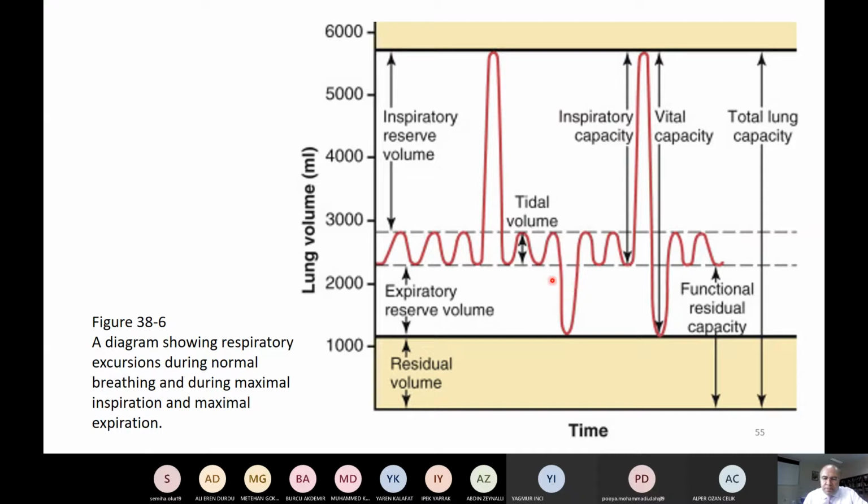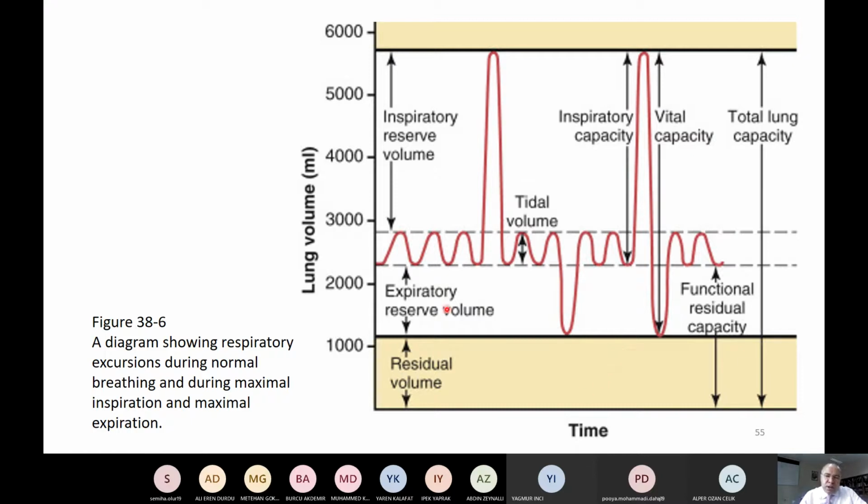When we expire as much as we can, still we cannot empty our lungs completely. There is still air left inside of the lungs, and it is called residual volume.